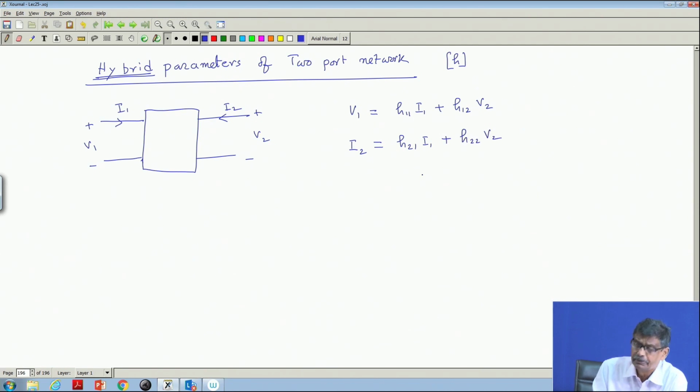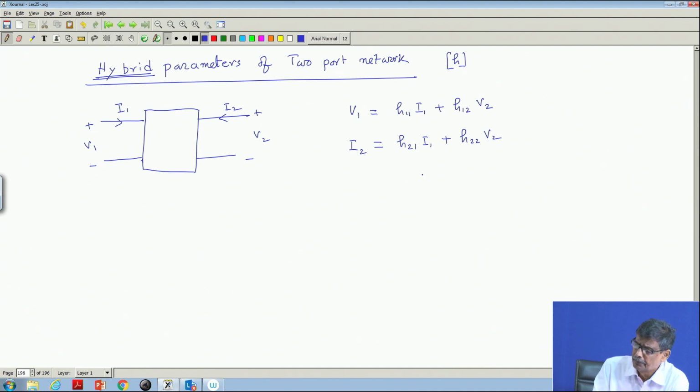Mind you, these are algebraic equations. I can manipulate them in this way and can express V 1, V 2 in terms of I 1, I 2, or I 1, I 2 on one side and V 1, V 2 on the other side, then admittance parameters.